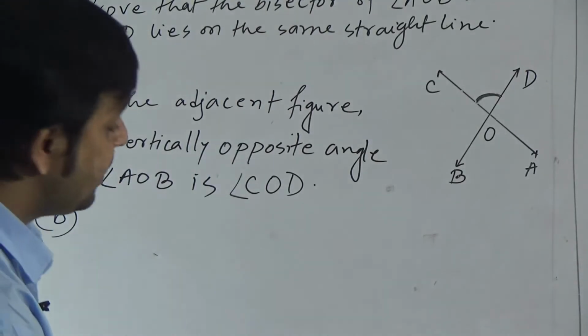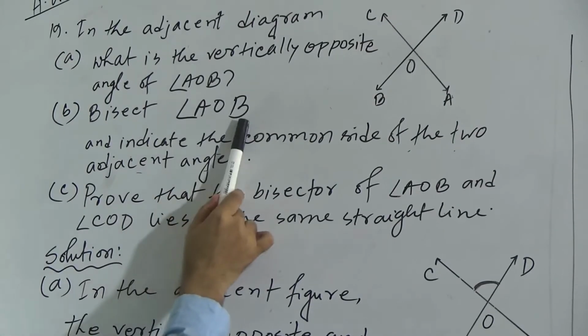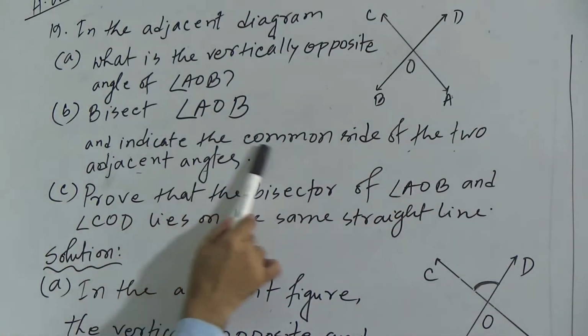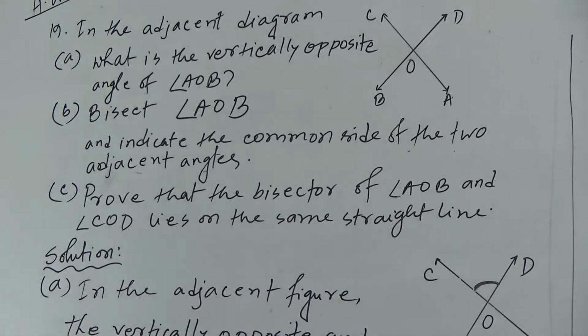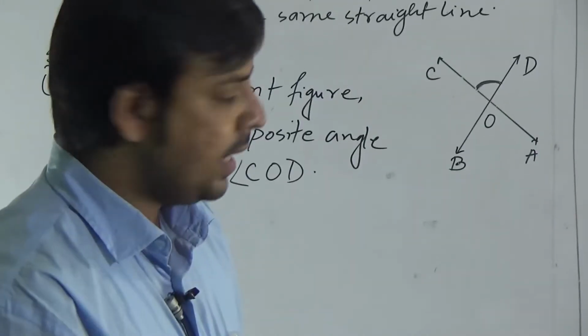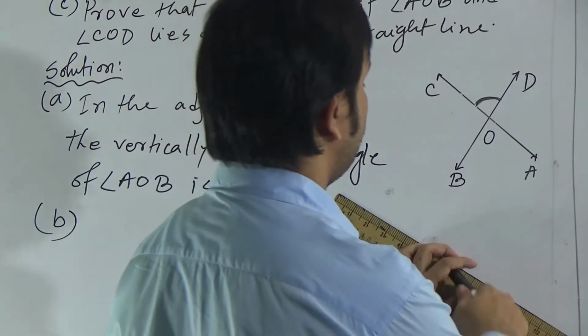What is question B? Question B is bisect angle AOB. Angle AOB we have to bisect and indicate the common side of the two adjacent angles. It means that at first we have to bisect angle AOB. So at first we have to construct the bisector of angle AOB.